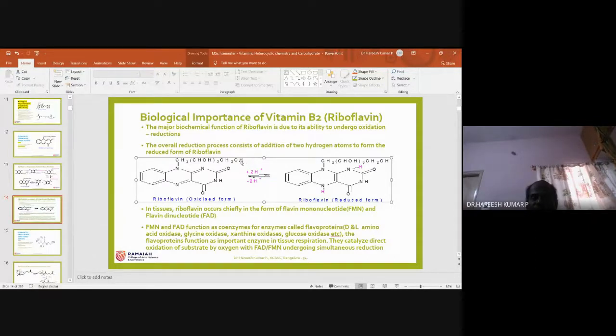If this hydroxy group is attached to the adenine dinucleotide, then it is called FAD. So overall, riboflavin exists as a coenzyme in the form of FMN and FAD. FMN and FAD are the coenzymes required by the enzymes involved in oxidation reductions of the substrate. Is it okay?